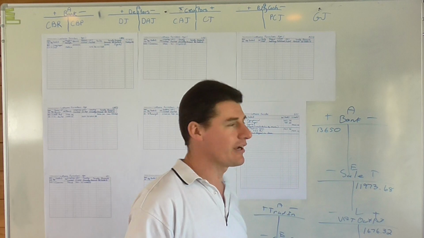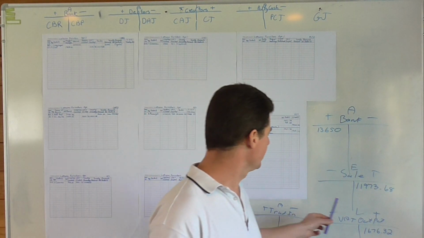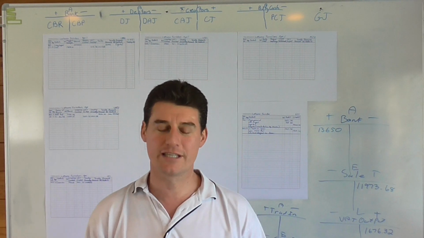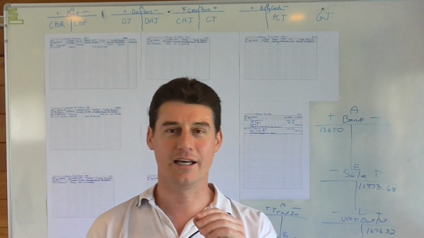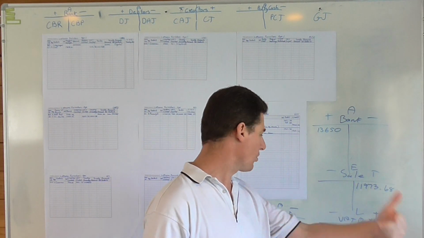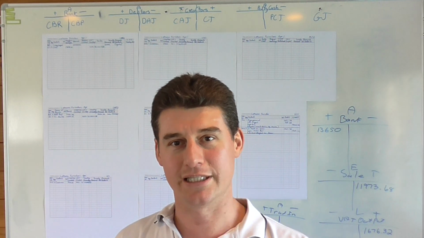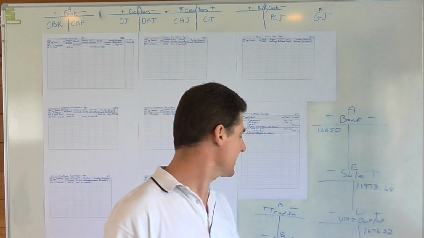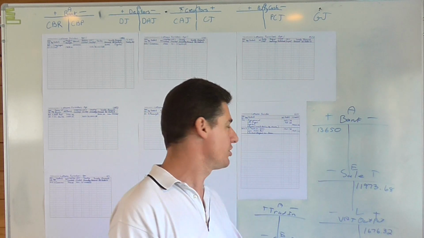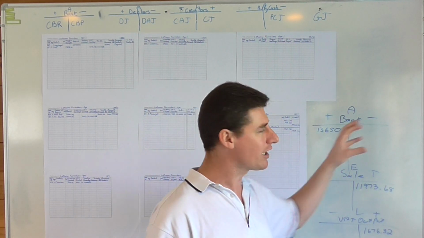So in other words, you do not take into consideration the discount that you gave your client. Because when you bought the product, you didn't get a discount. You're giving your client a discount.